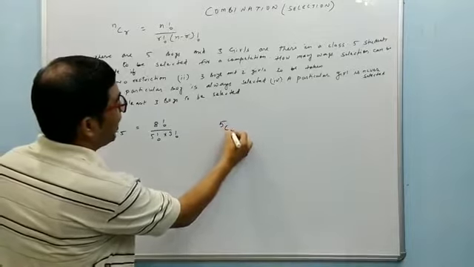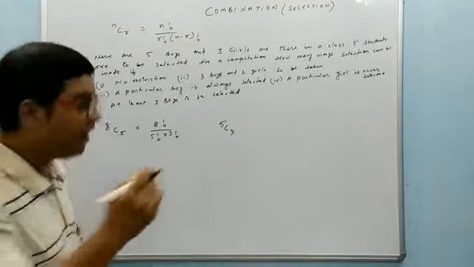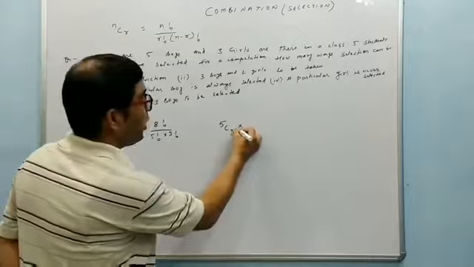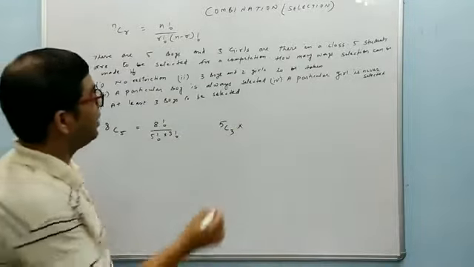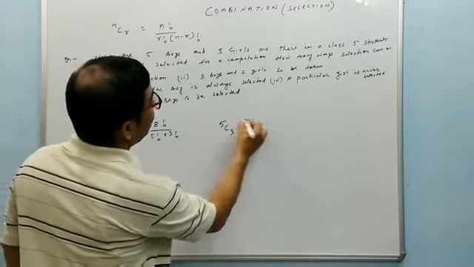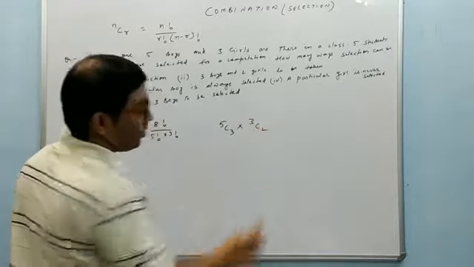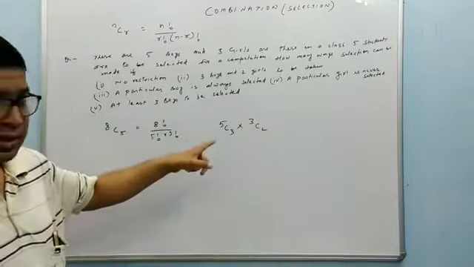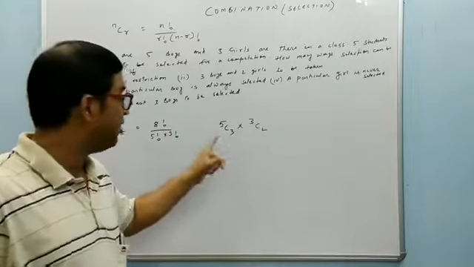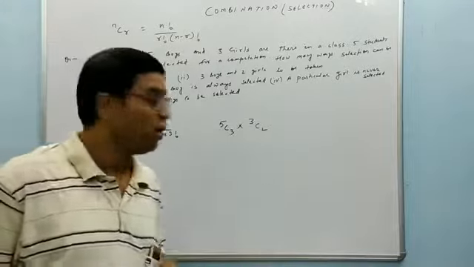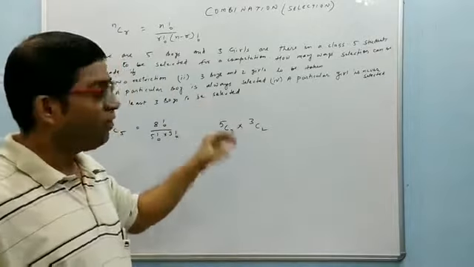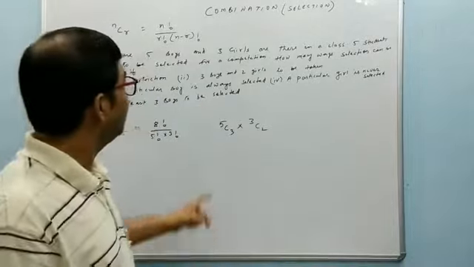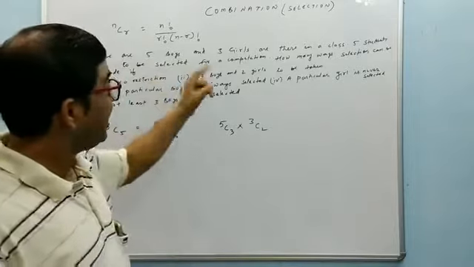Out of 5, I have to select 3. And the work is not complete. So into 2 girls to be taken. How many girls are there? 3. So out of 3 girls, I have to select 2 girls. So this is the number of ways in which 3 boys and 2 girls can be selected out of 5 boys and 3 girls.